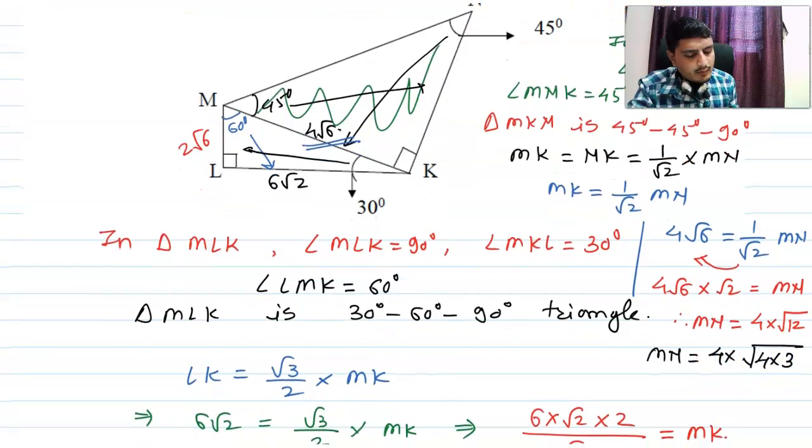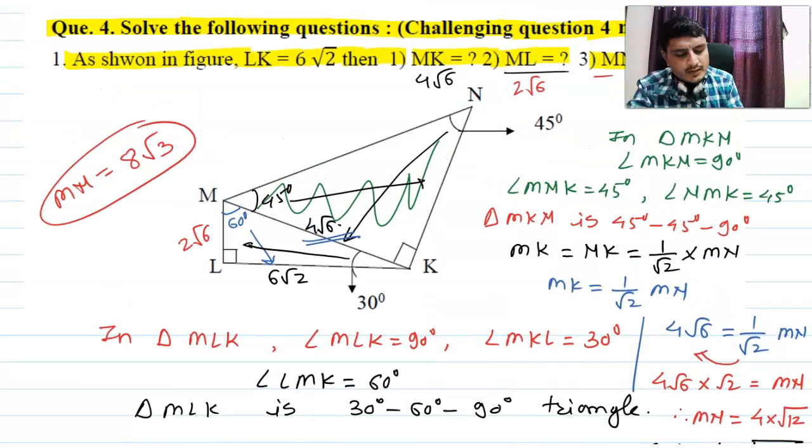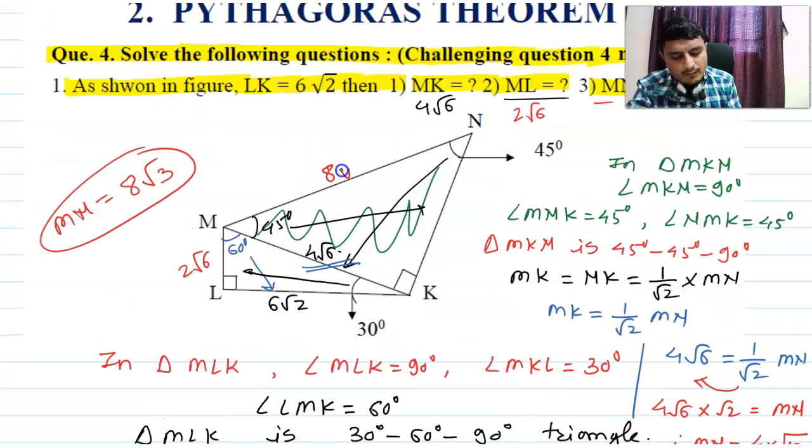Taking 4 outside the square root, square root of 4 is 2, so MN equals 4 into 2 into root 3. Now 4 2s are 8. So the value of MN we get is 8 times root 3. Hence we have all 3 sub-questions: the value of MN is 8 times root 3.